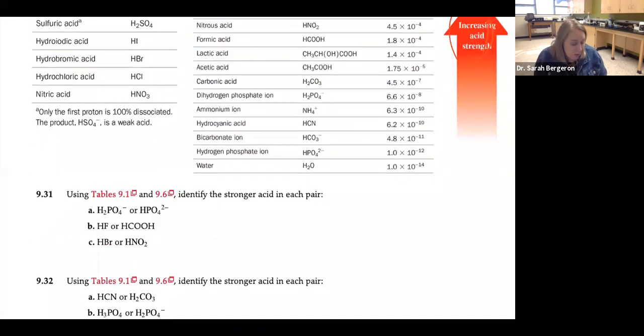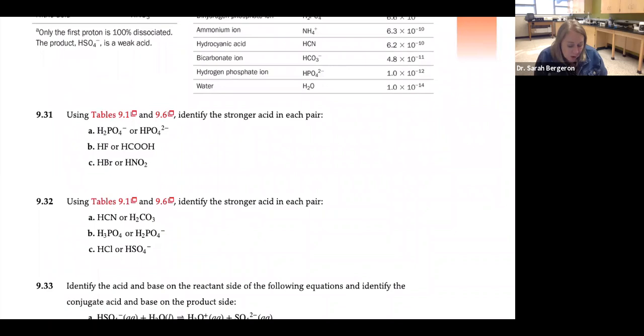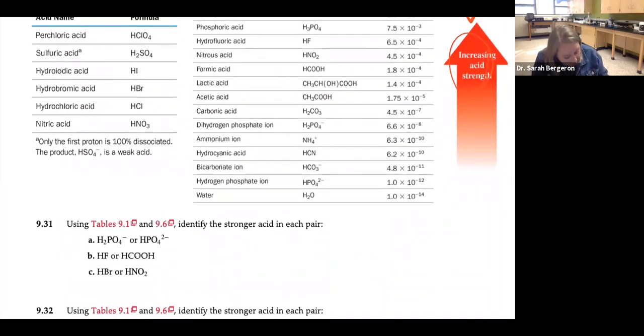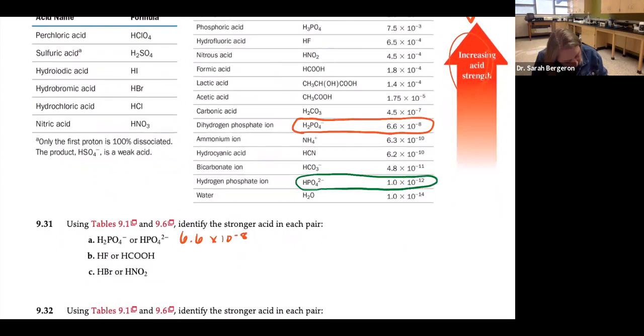All right, so using the tables, identify the stronger acid in each pair. So what I'm going to do is H2PO4. Here's my H2PO4. So all I want you to do is write down its Ka, 6.6 times 10 to the minus 8, and then HPO4 2 minus right here. So this is 1 times 10 to the minus 12.